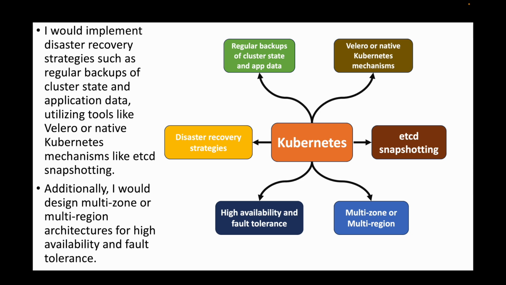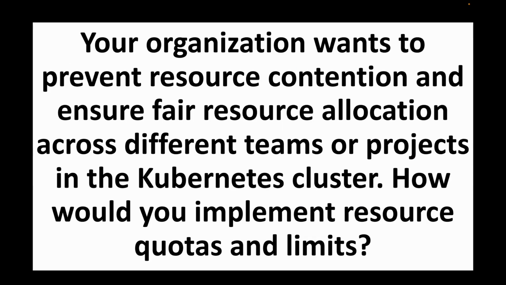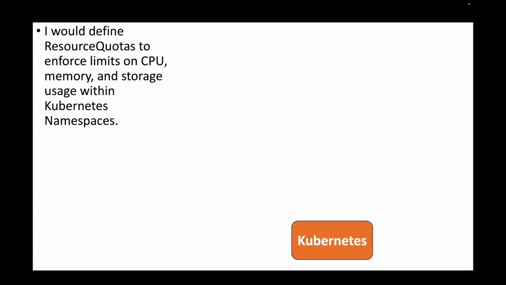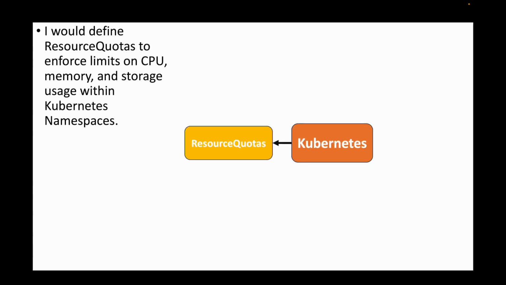The next question we have is, your organization wants to prevent resource contention and ensure fair resource allocation across different teams or projects in the Kubernetes cluster. How would you implement resource quotas and limits? So for this, we can make use of resource quotas, which can be used to basically put a limitation on your resource utilization.